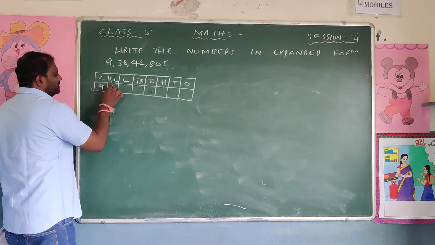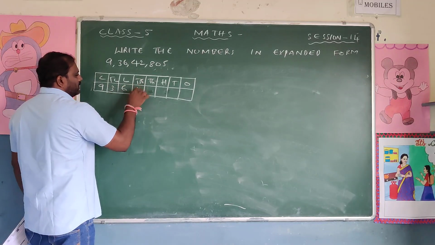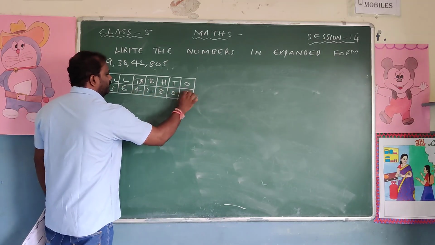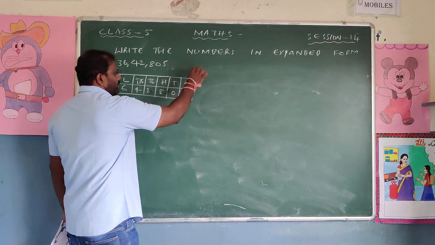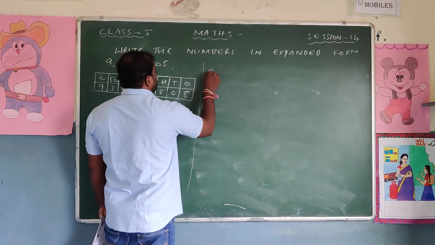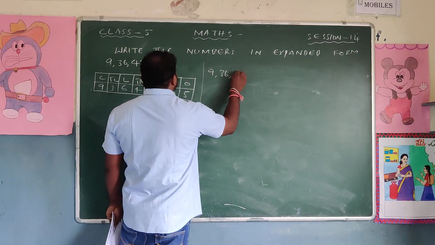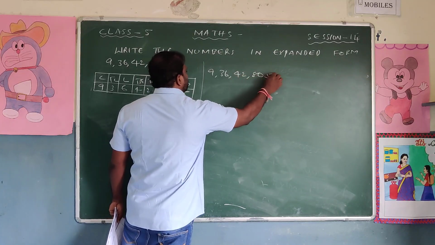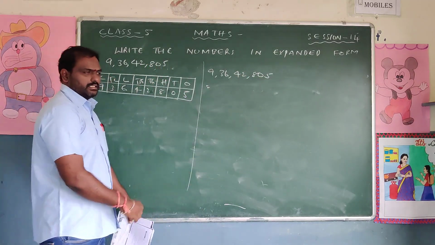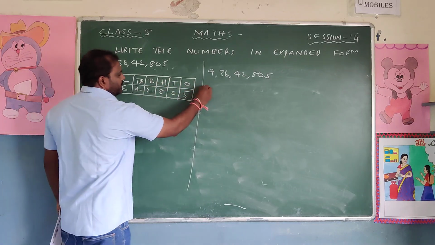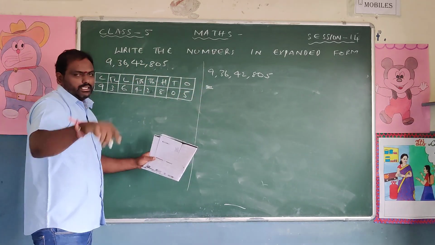So 9 crores 36 lakhs 42,805. That's all. Now how to write? 9 crores 36 lakhs 42,805 can be written as, I don't have space, that's why I am writing equals here. You write in the notes.